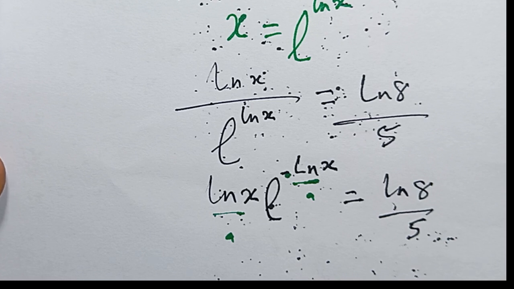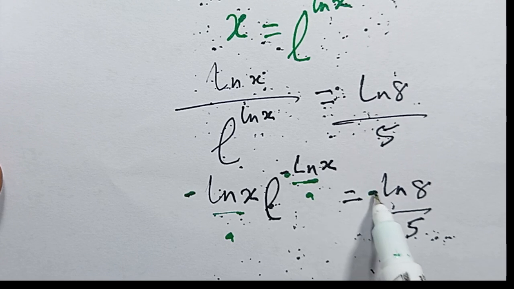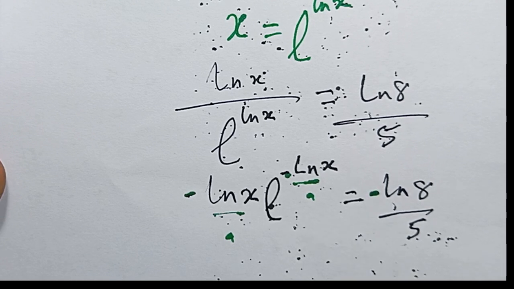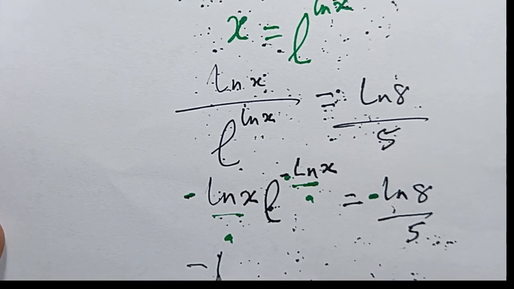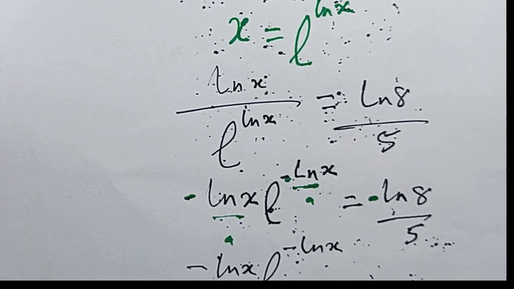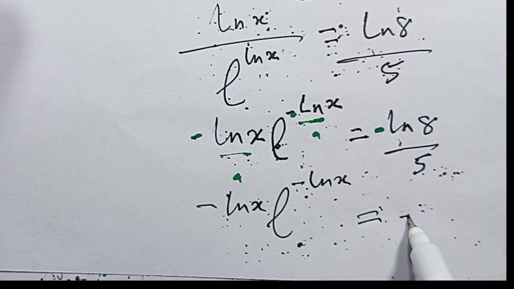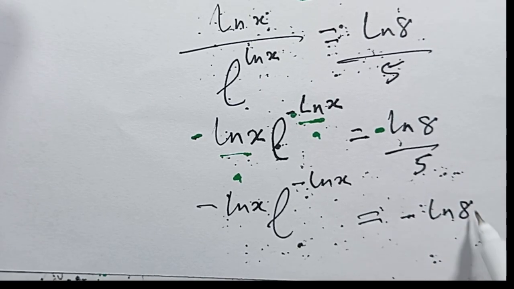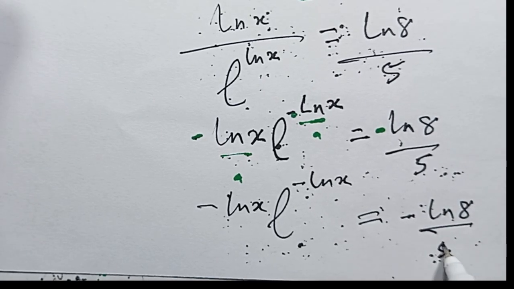So for us to make it look the same, we're going to multiply both sides by negative, so that we now have negative natural log of x times e to the power negative natural log of x is equal to negative natural log of 8 divided by 5.